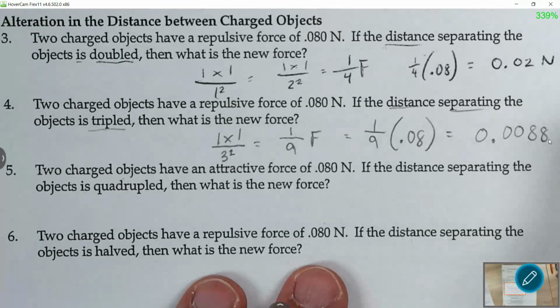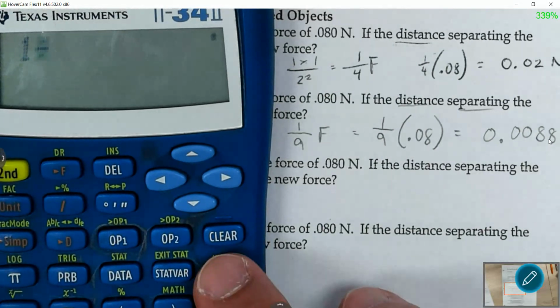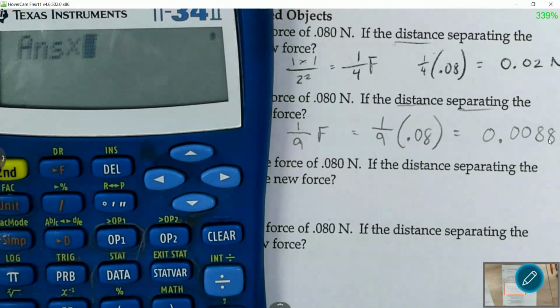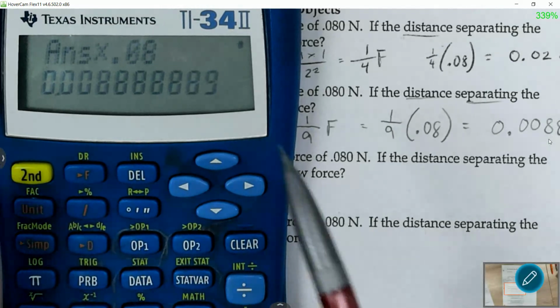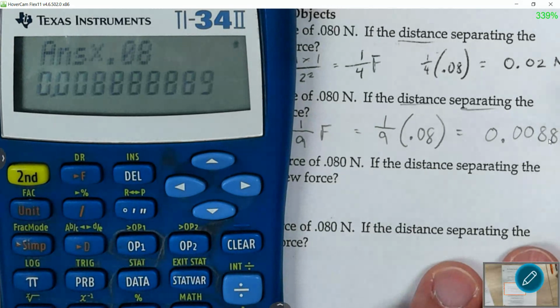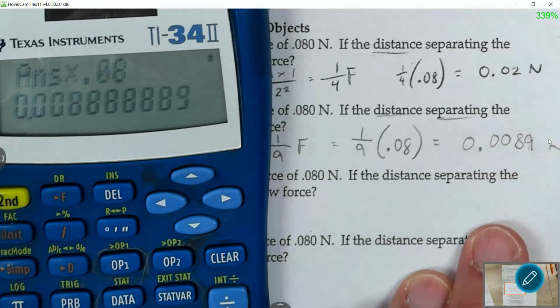It may be 88 repeating. I don't have my calculator right in front of me. So if you did 1 divided by 9, you can hit enter, and then just multiply that by 0.08. So if we round it to 2 decimals, it could be 0.0088 or 0.0089. If we're just cutting it to 2 decimals, either one is fine.